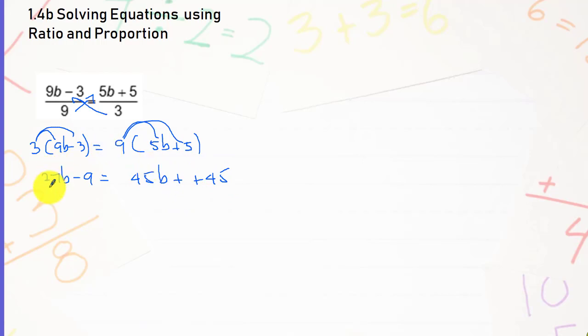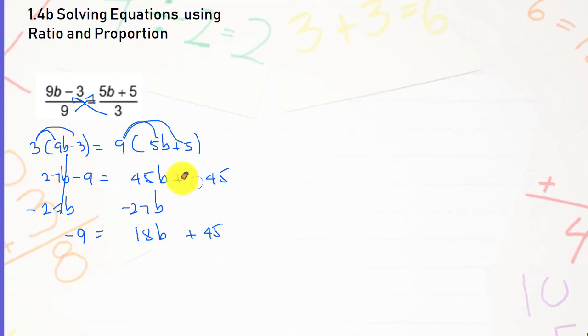I'm going to undo my 27b, so subtract 27b from both sides. Using additive inverse, I will get negative 9 equal to 18b plus 45.